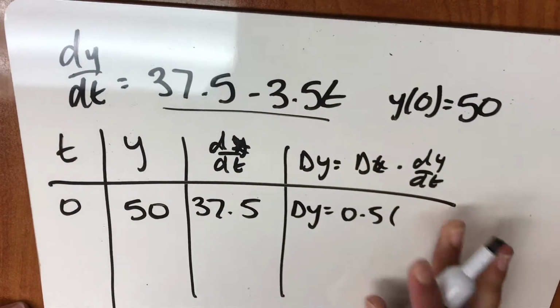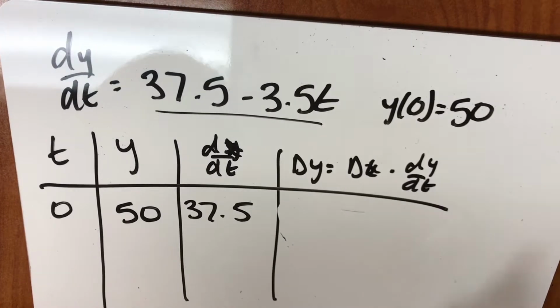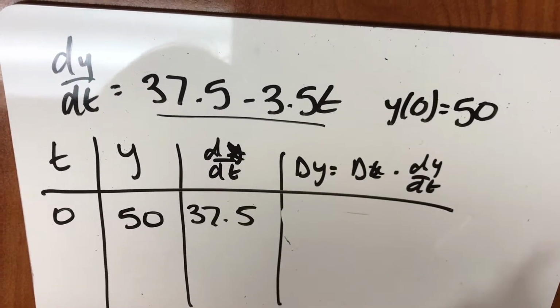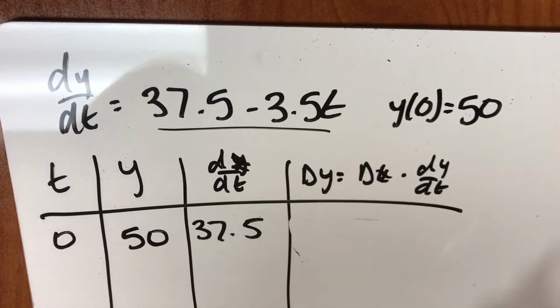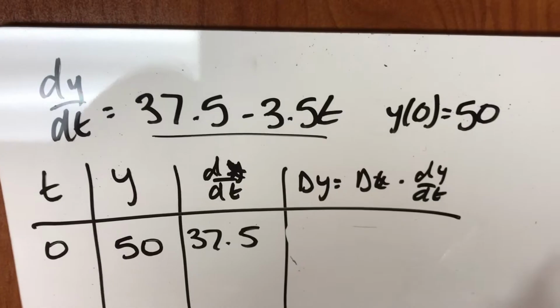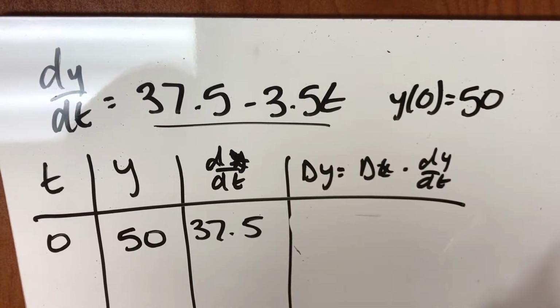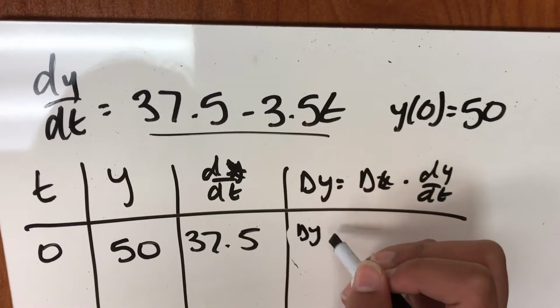Wait, what do you mean by next t? Well, the Kool-Aid packet tells us that we have a step size of 0.5 minutes. So our next t would be our previous t, which was 0, plus 0.5. As I said before, we're going to assume that the slope stays constant from t equals 0 to t equals 0.5. So our change in y would be delta t times dy/dt.